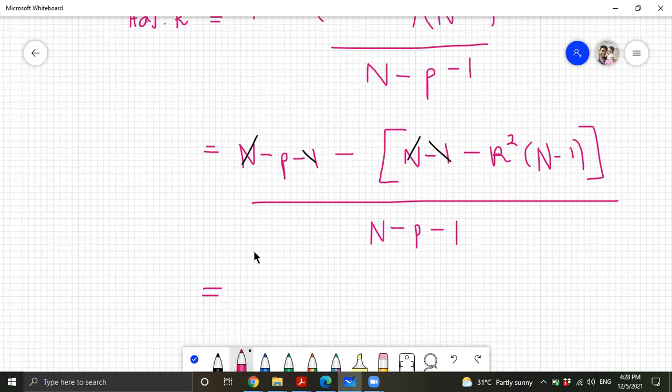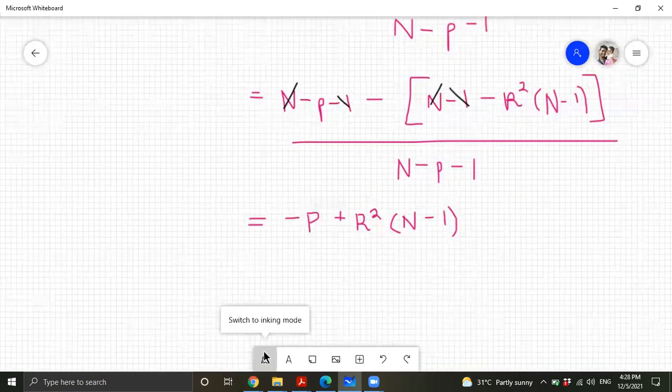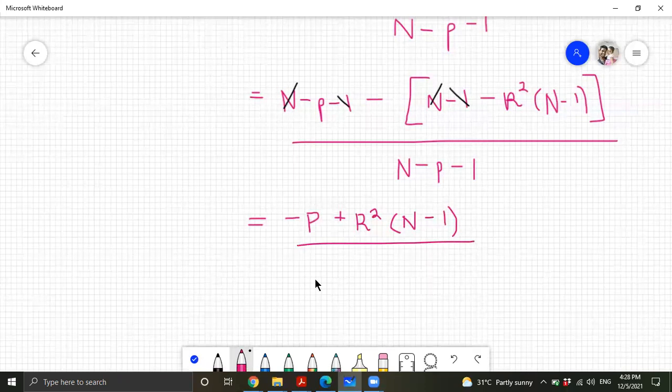So what remains after this work will be minus p, and this minus multiplied by this minus will make plus r squared times (n minus 1). So you can see that we have adjusted it into an easier form, right?